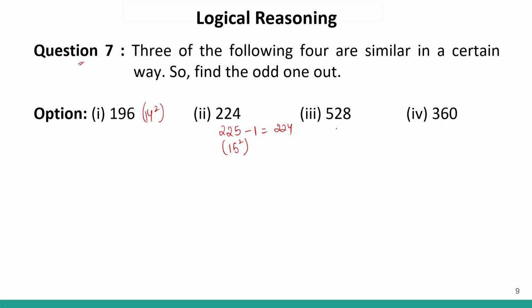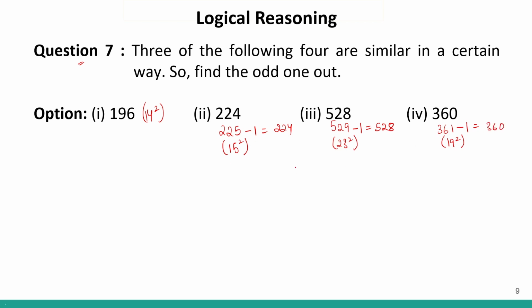Similarly, when I look over here, 529 is a number which is close to 528, and 529 is basically 23 square. So when I reduce 1 from it, I am getting 528. Similarly, when I look at 360 over here, I can see a number 361. 361 is the square of 19. So when I reduce 1 from 361, I am getting 360. Correct?